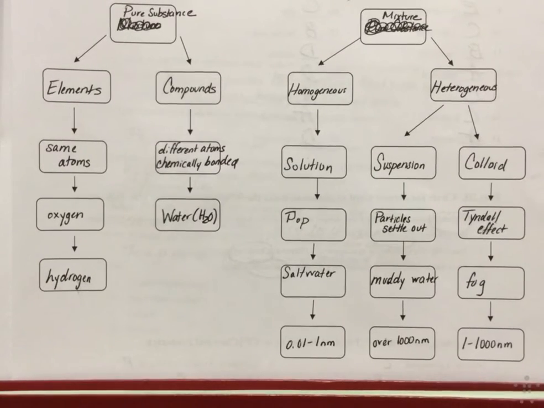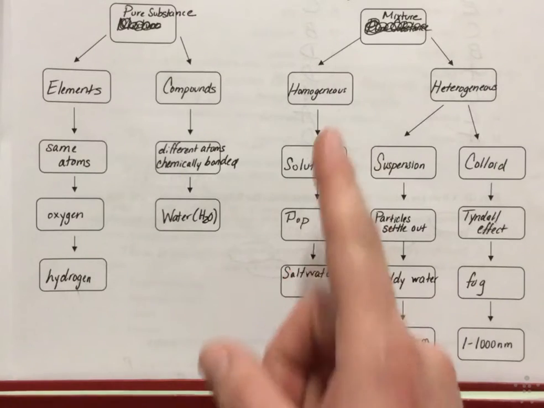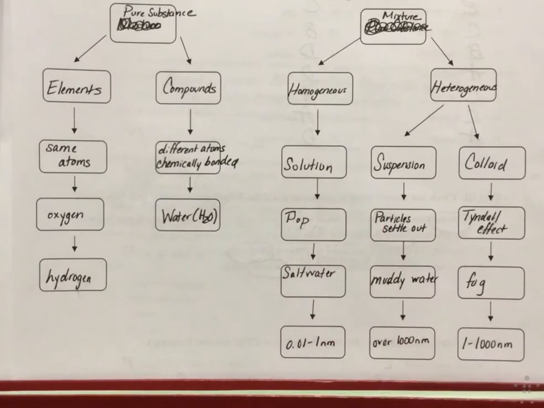Now for our last three boxes, we're talking about particle size, which was a chart in your notes. So if you just looked in there, you could find it. Homogeneous mixtures are not capable of being told apart. So in pop, there's lots of different ingredients like sugar and coloring and carbon dioxide and all sorts of different things, but I can't tell what they are.